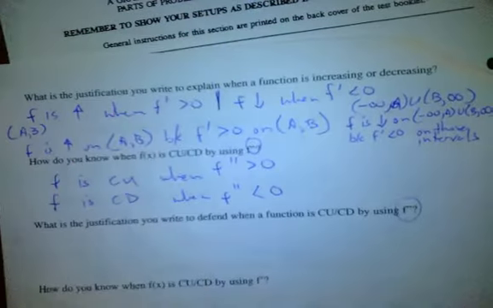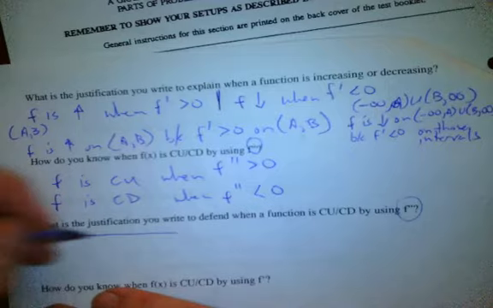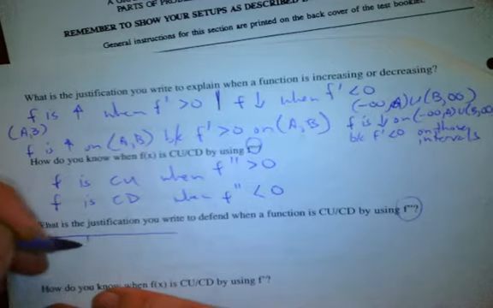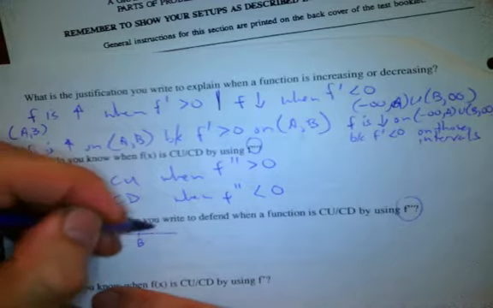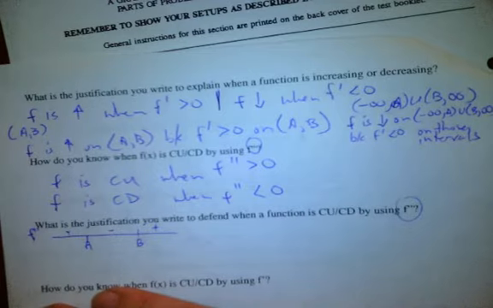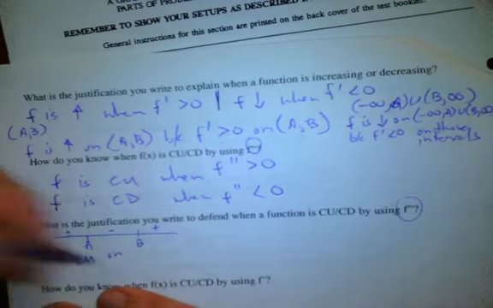And what justification would I write? Let's say, and I'm supposed to be using f double prime, I have this f double prime sign chart here: a and b, and a plus and a minus and a plus.